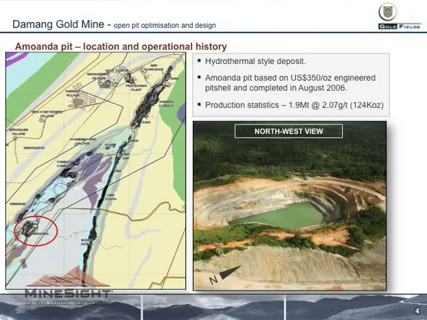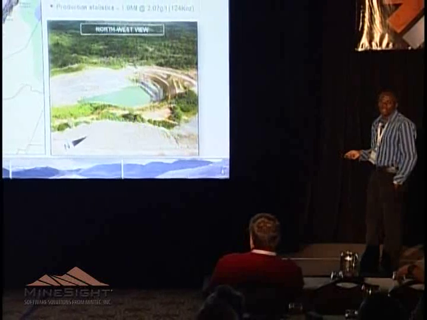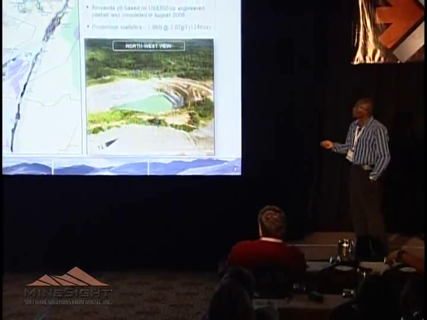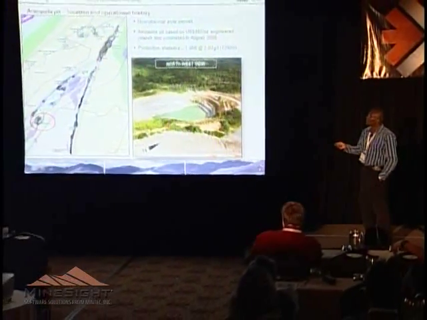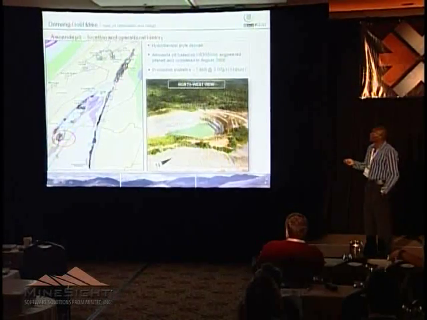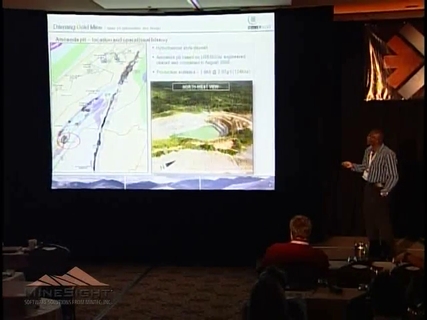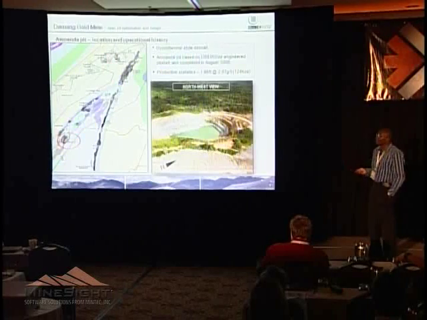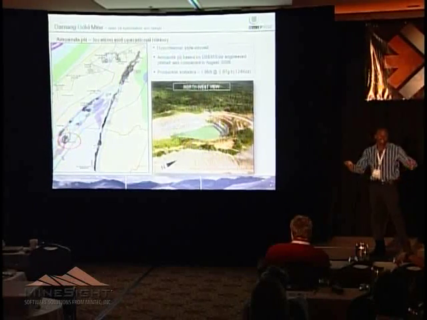The Damang cutback is the main pit at Damang Gold Mine, and we have a couple of satellite pits which mostly feed oxide material to blend with the fresh or primary material that we get from the cutback pit. Currently, the Huni pit, the cutback, and the Huni are being developed into one super pit.